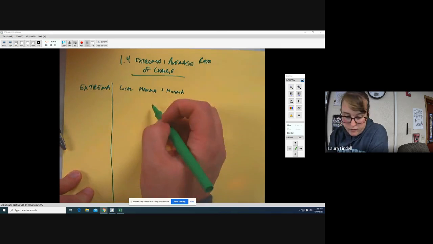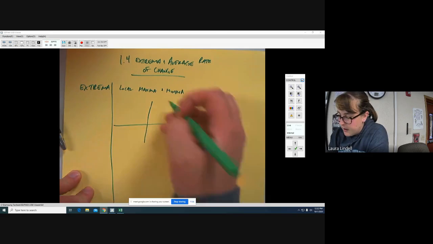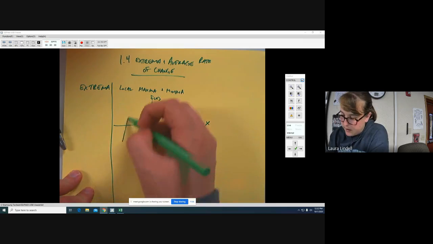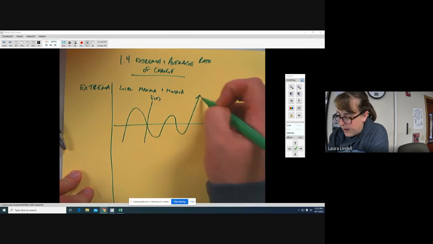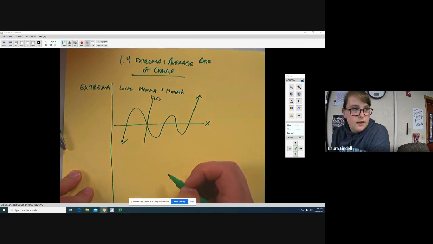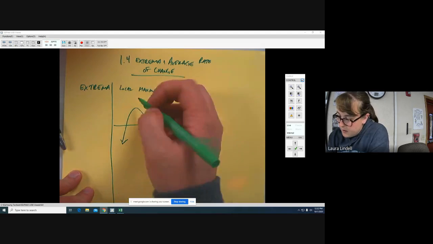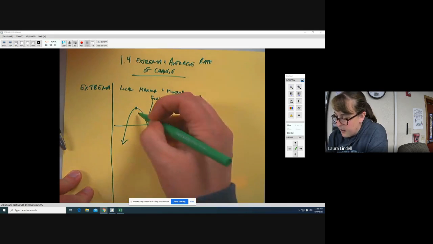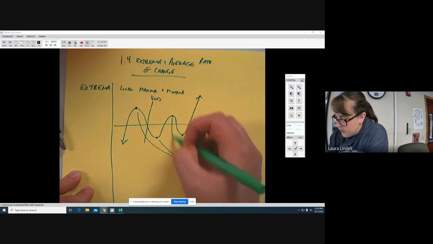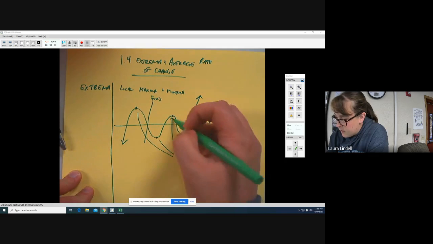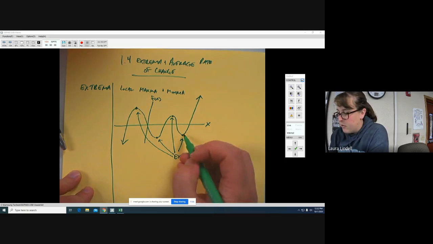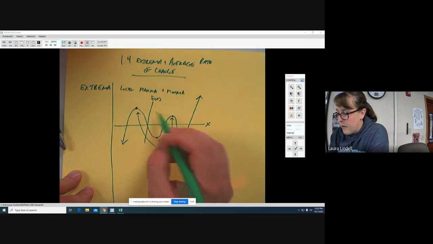So if, for example, we have a function that looks like that, these would be our extrema. So these would be local mins, these would be local maxes.